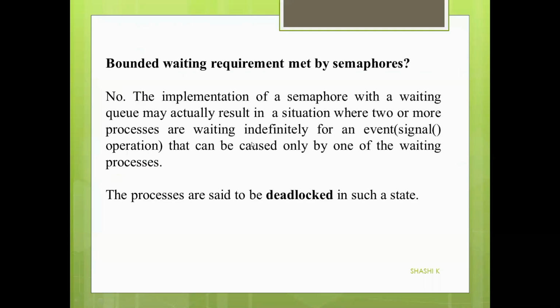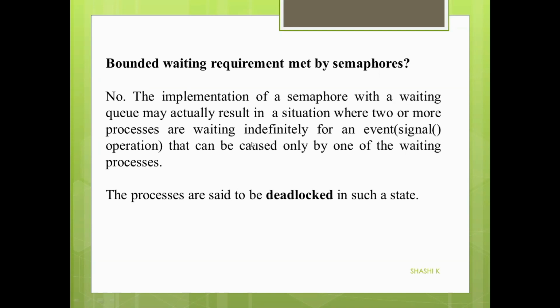The third requirement is bounded waiting. Bounded waiting means no process should starve. Let's say P0 is already executing in the critical section, and P1, P2, P3 all try to enter the critical section. At this time, let's say P0 finishes its execution in the critical section, and P1, P2, P3 are all waiting.